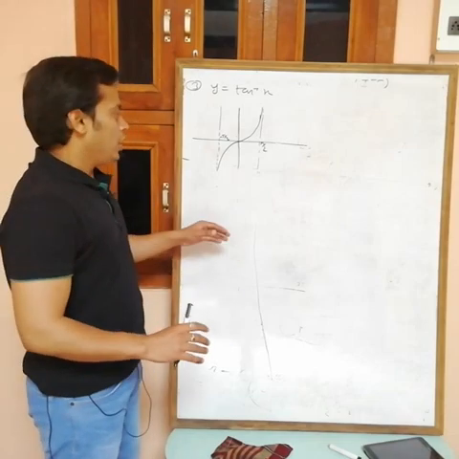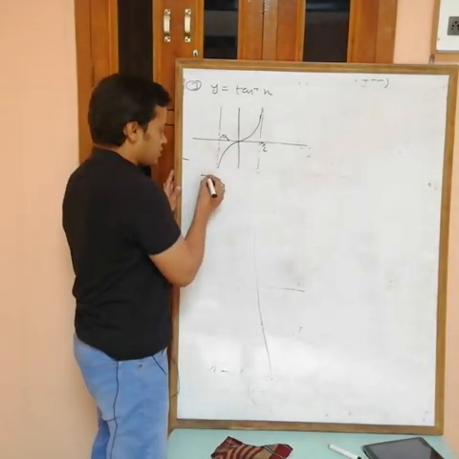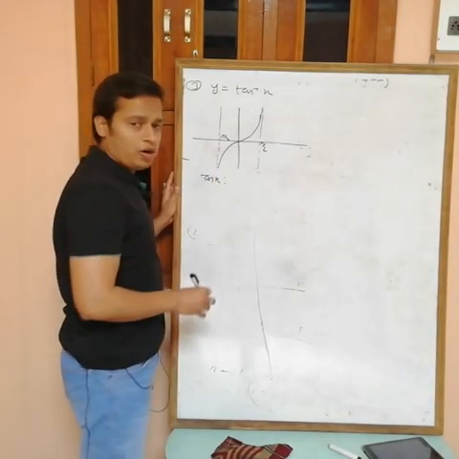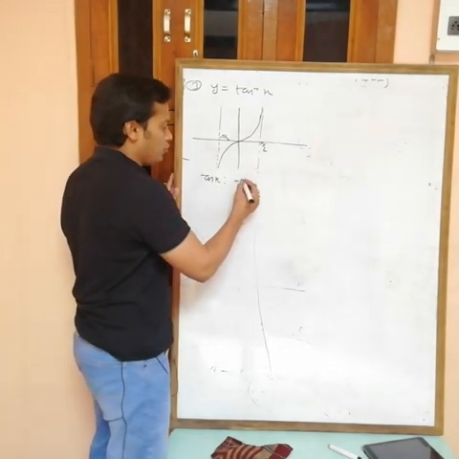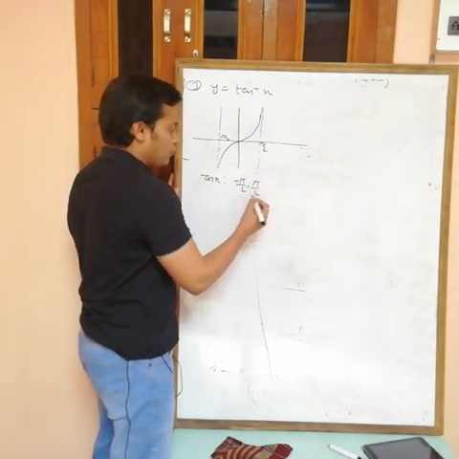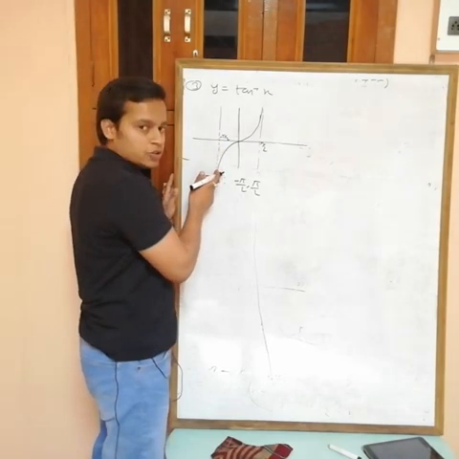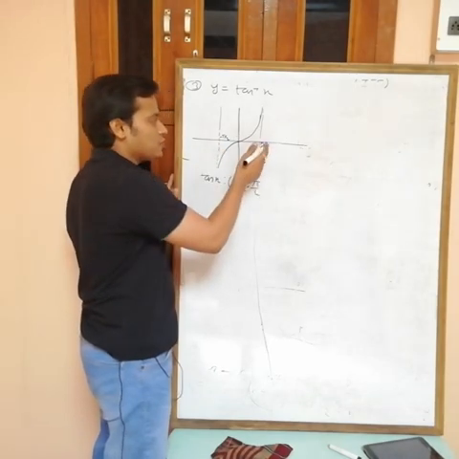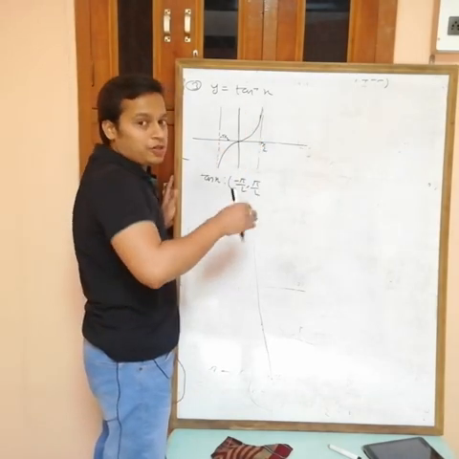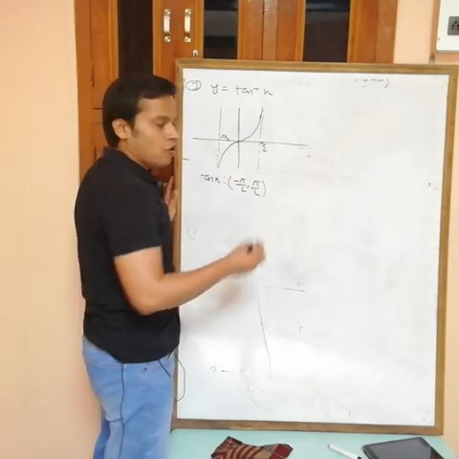So tan x: the domain is minus pi by 2 to plus pi by 2. But one minute, at minus pi by 2 there is no point, so open interval. At plus pi by 2 also there is no point, because at pi by 2 the value is infinity, so open interval.